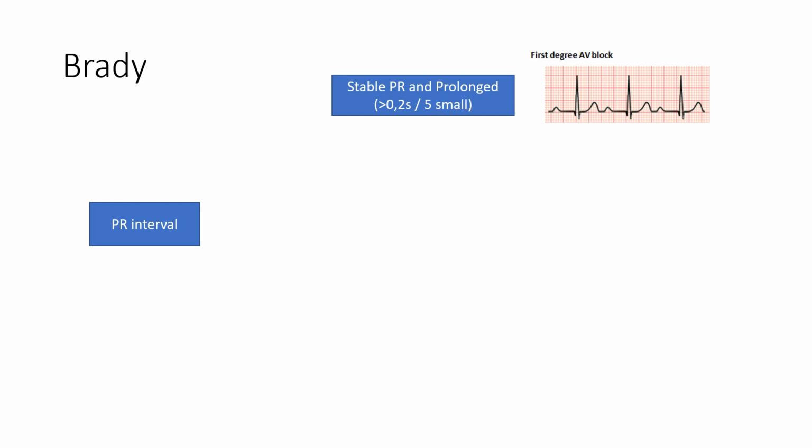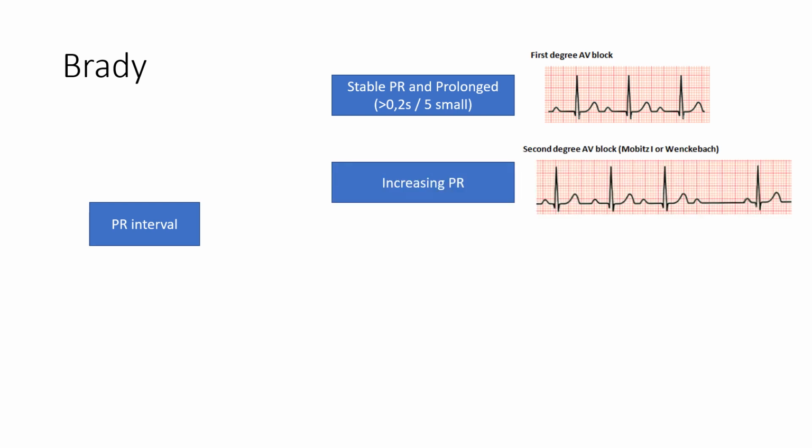But if the PR is prolonged and stable prolonged, meaning it's always the same, then we should think, well, this is a first degree block. That's all right, as long as it's not symptomatic or seen along with other kinds of blocks, such as right bundle branch block, right?